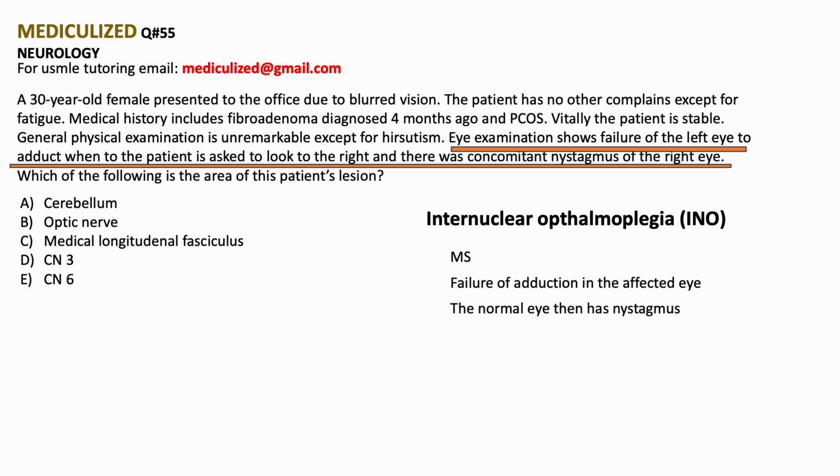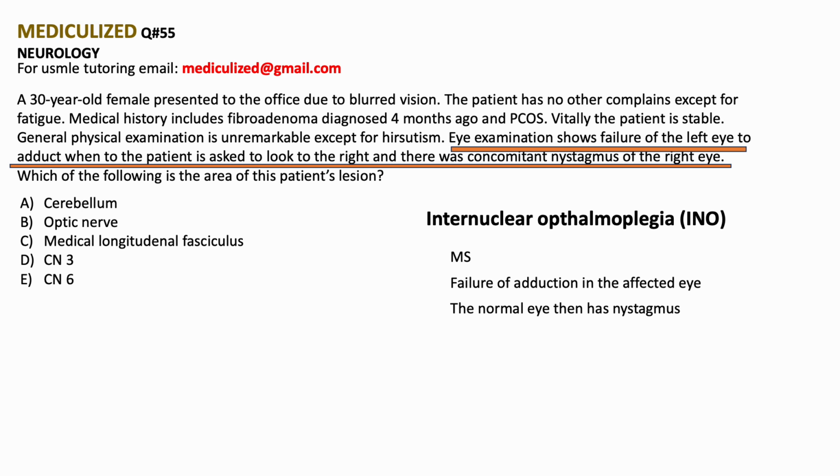So if they ask what the normal eye would do when you tell the patient to look from the normal side: here, the left eye failed to adduct, which means that the left eye is the problem. The left MLF has the lesion. The patient is asked to look towards the right, and now the normal eye, which is the right eye, has nystagmus.